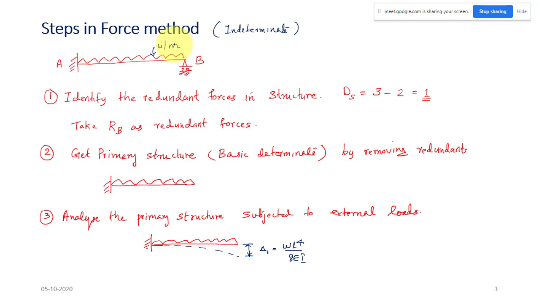The first step in the force method is to identify the redundant forces in the structure. The redundant forces mean the extra reactions, the extra unknown forces we have in the structure. To find that out, the first step is to find the static indeterminacy. And here, if you see this structure, we have purely vertical load.